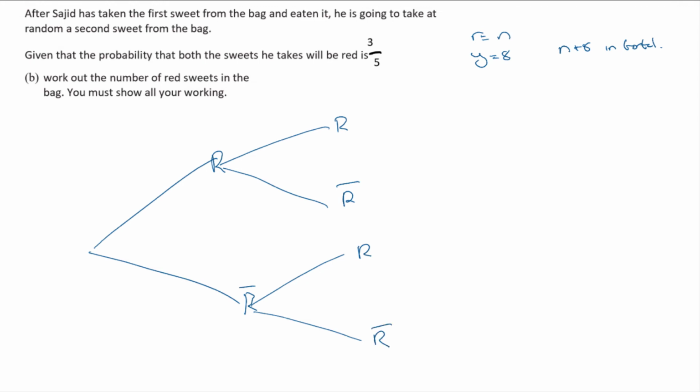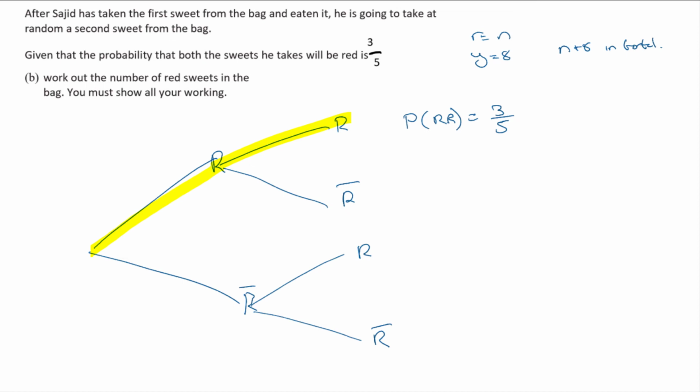Then we know that this route here is the probability of getting red, red, and we know from the question that was given as 3/5. Now we get red, red by multiplying these two branches together, the first one of picking red and the second one of picking red.